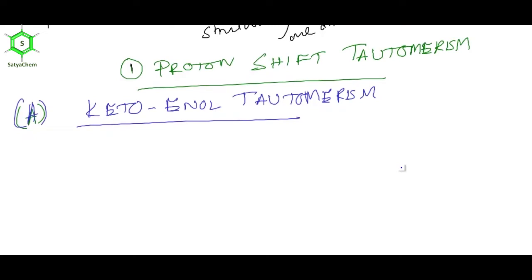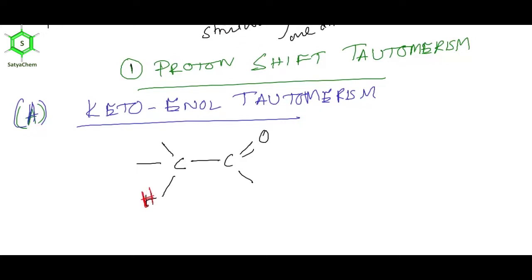Clear? In keto-enol tautomerism, what happens? Let's see. This is the keto functional group. Clear? And I am marking this hydrogen by red color.